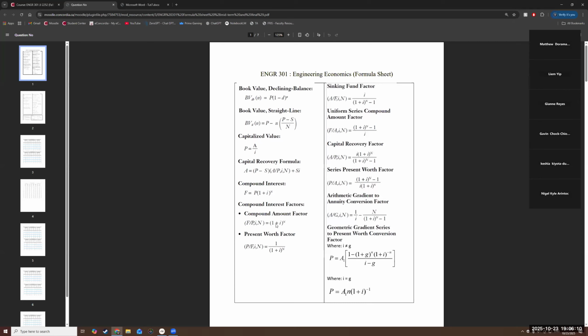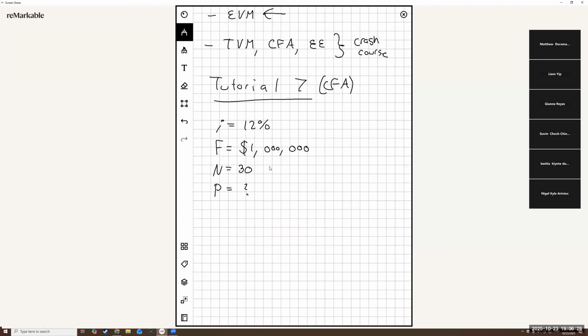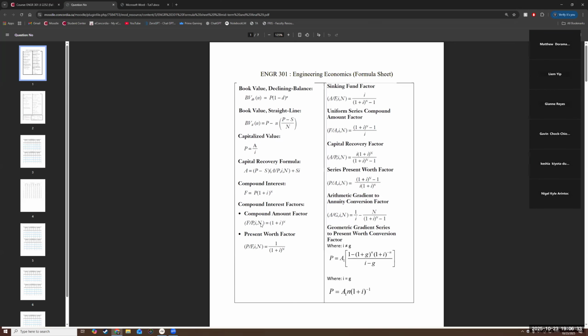So this formula converts a present value into a future value, and this formula is the opposite. This formula turns a future value into a present value. So always the first letter is what you want, second letter is what you have. Okay, since our present value here is an unknown, we can just use either of these two formulas. One is just the inverse of the other, and we can solve for our P.